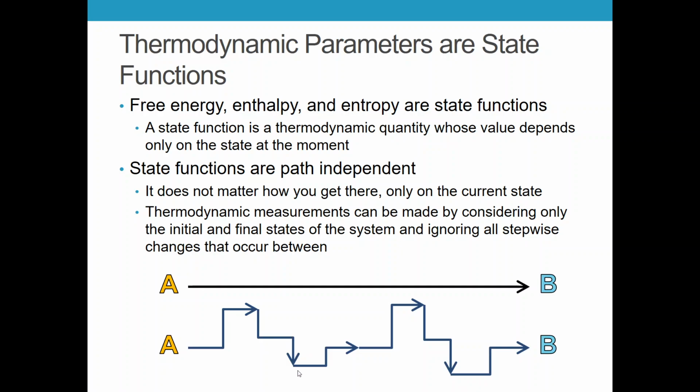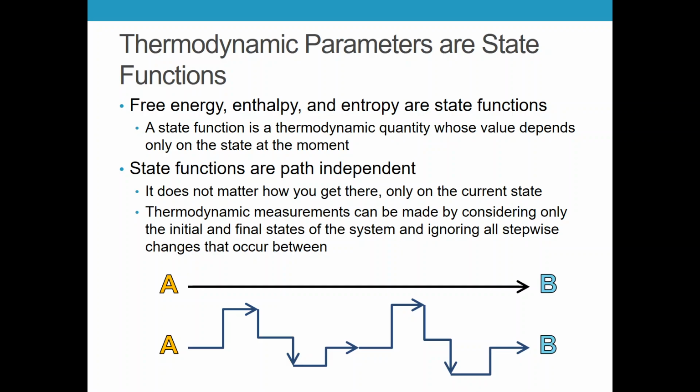Maybe I bust up into a lecture class that is ongoing and I just sort of get lost. But ultimately, I find my way back up to the third floor of the science building where the bathroom is, and all is well. So if you were using thermodynamics to describe my path to the bathroom, you wouldn't care how I got there. You would only care that I got there.